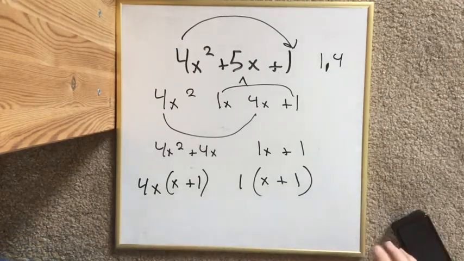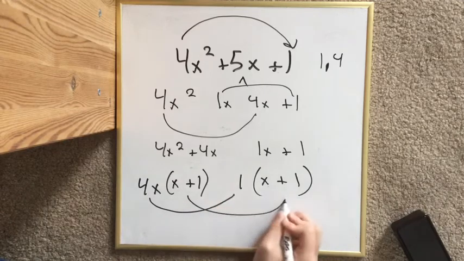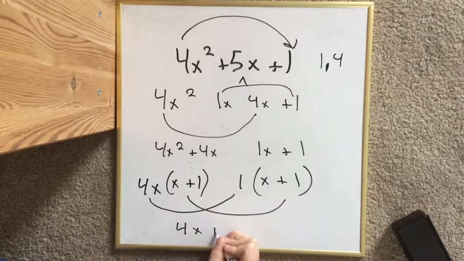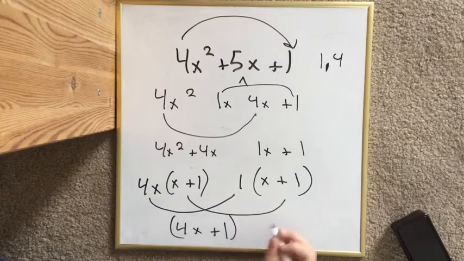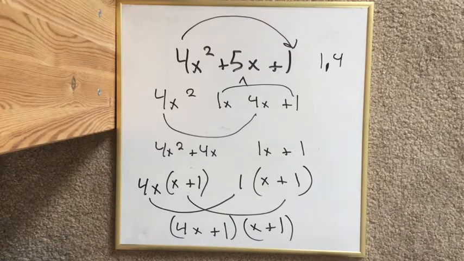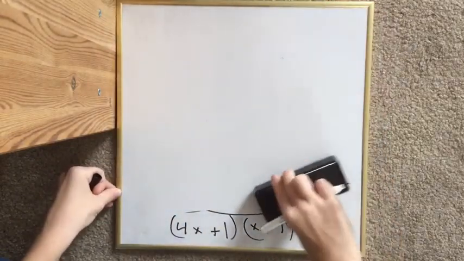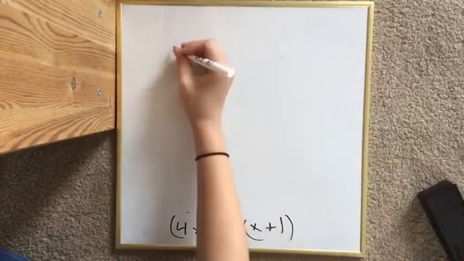We're not completely done. We're going to take these two numbers outside of the parentheses and make them a parenthesis. So 4x plus 1 is a parenthesis, and then x plus 1 is a parenthesis. So that is our answer. Let's FOIL this out to make sure we got the answer right.